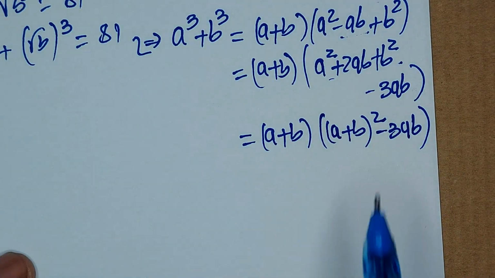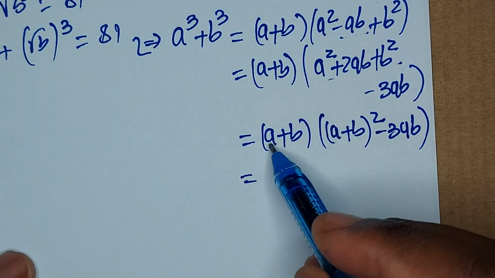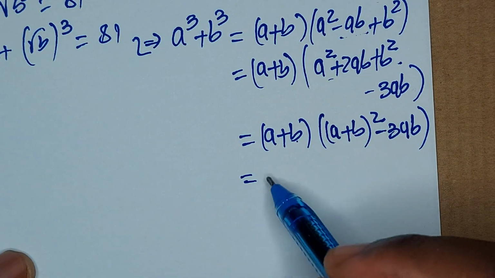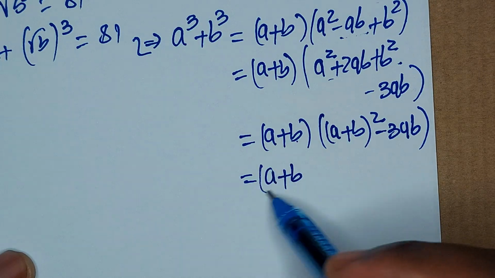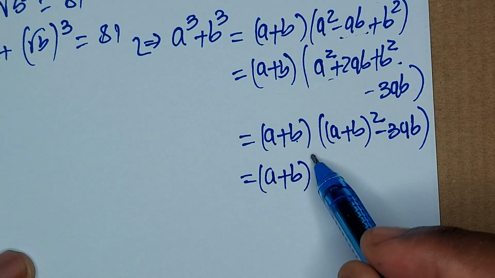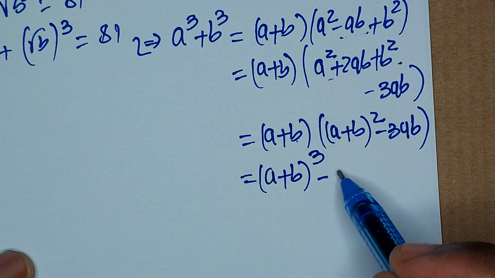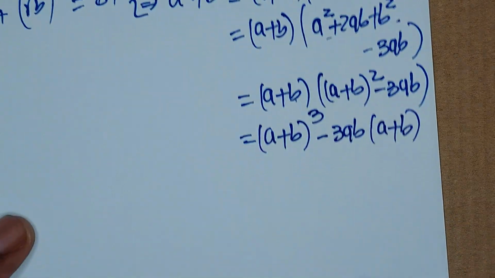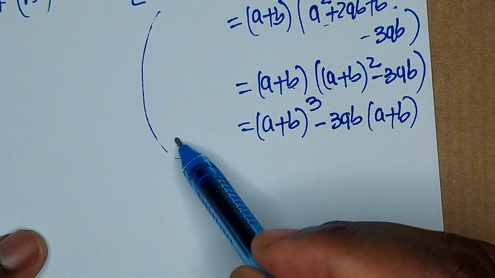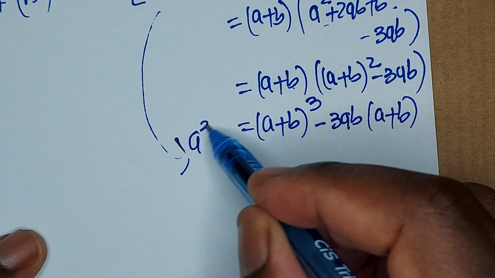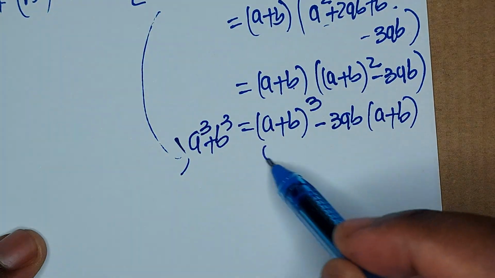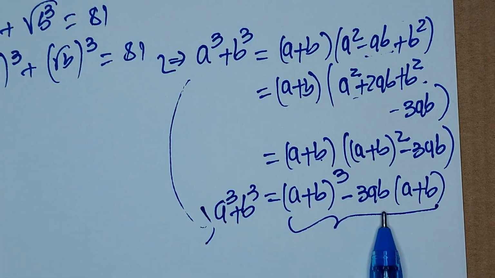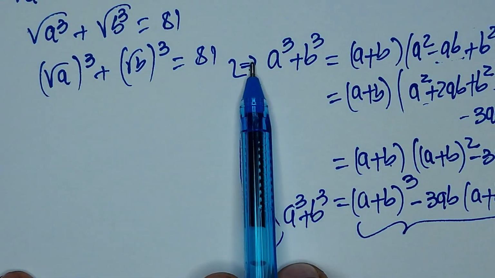Let me distribute this: a plus b times a plus b squared is a plus b to the power of 3, minus 3ab, which multiplies a plus b. So now a cube plus b cube is going to be the same thing as this. Now let's use this to solve what we have here.